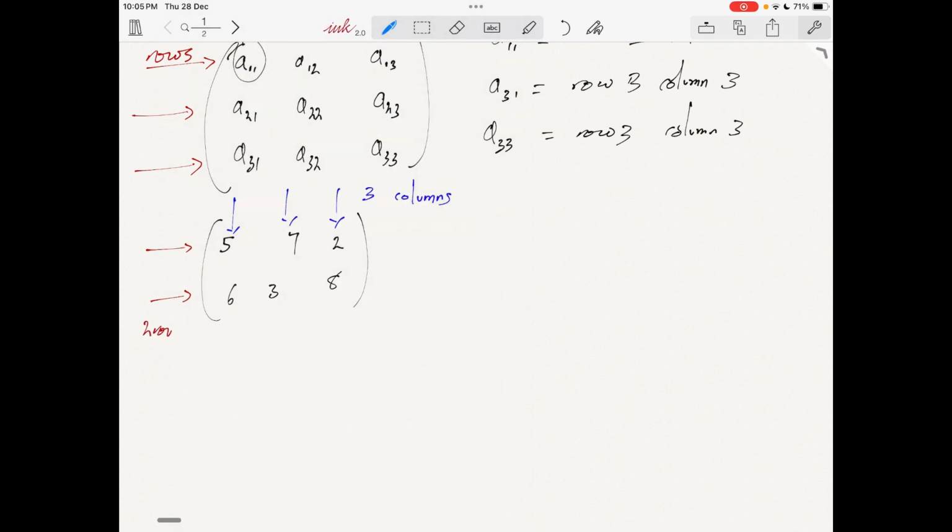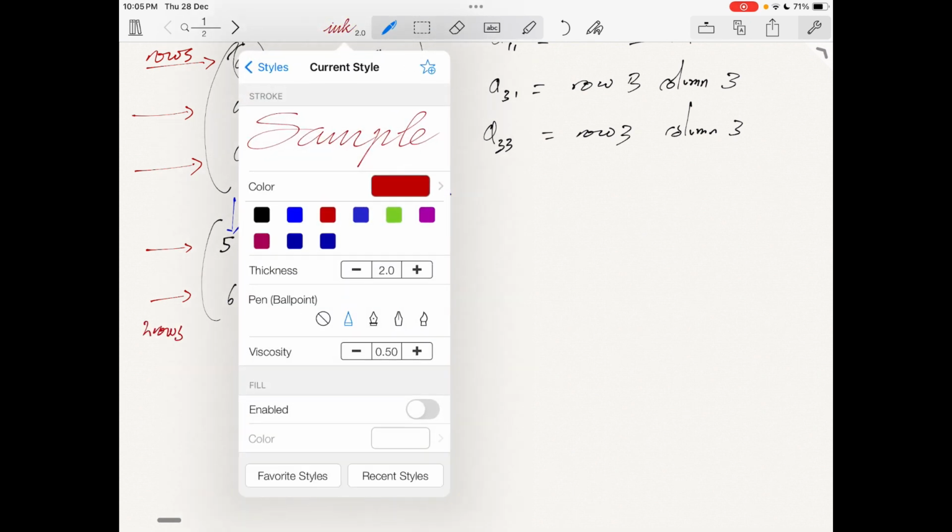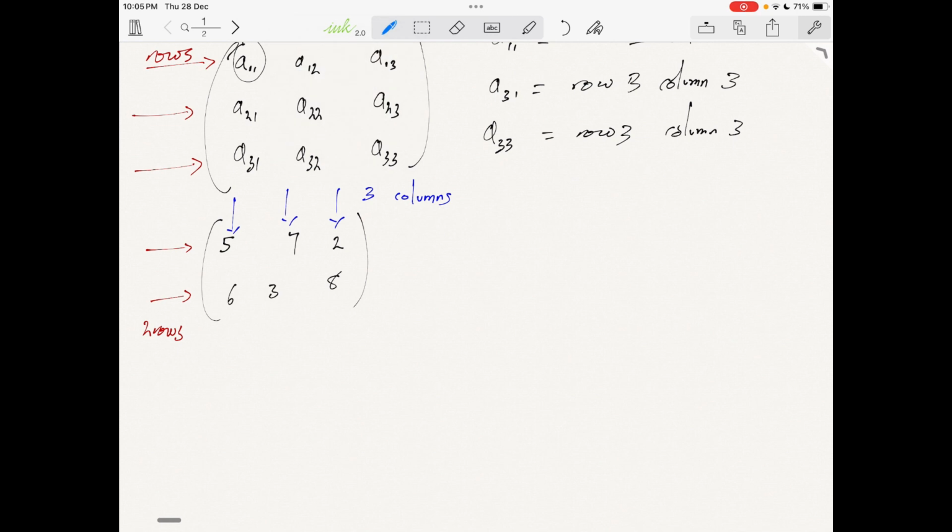The matrix representation is always in the order of m by n, where m is the number of rows and n is the number of columns.